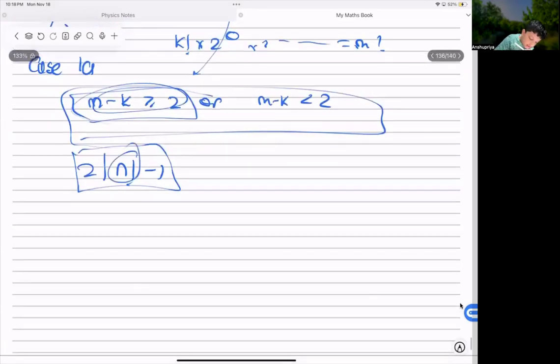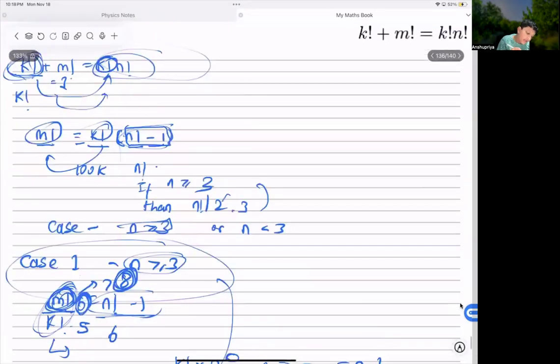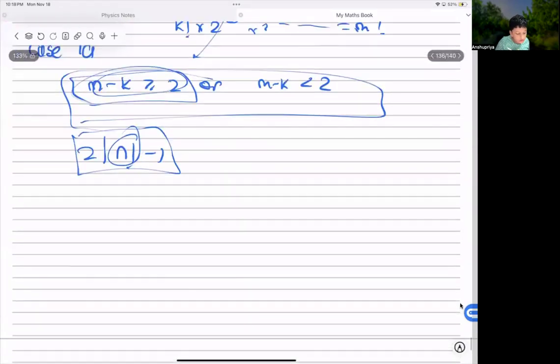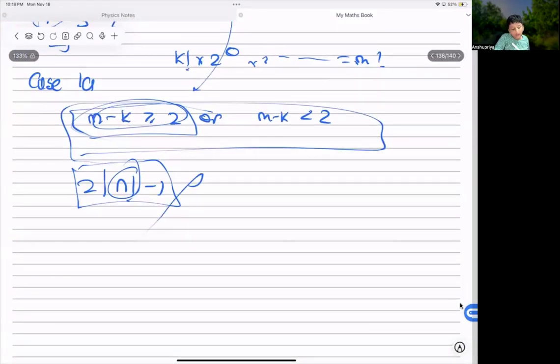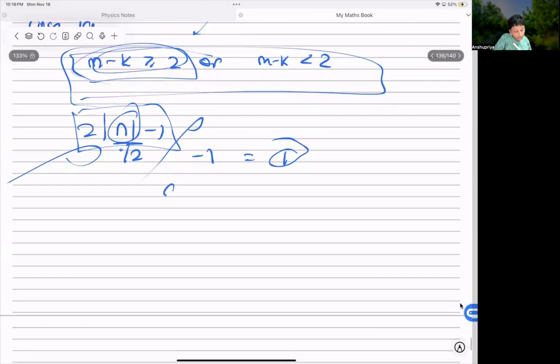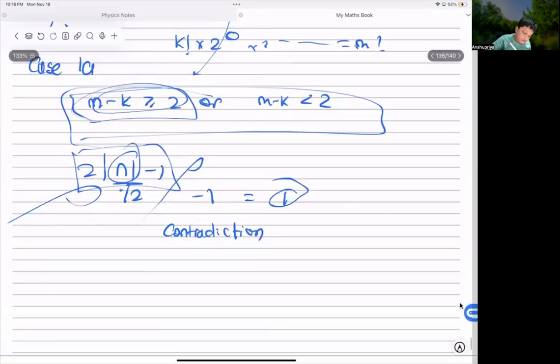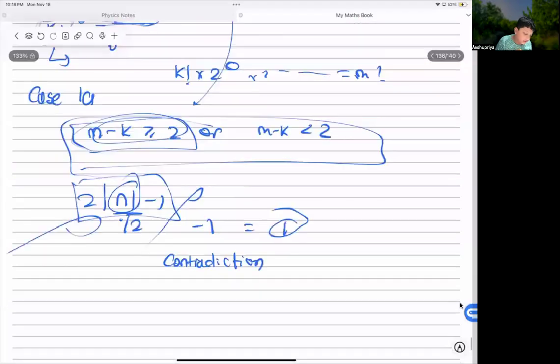Since n is greater than or equal to 3, n factorial is divisible by 2, but minus 1 gives remainder 1 mod 2. So contradiction.